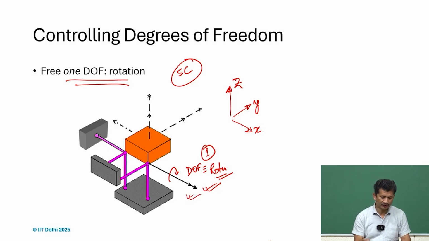So, 5 constraints, what are those? 3 translations we have to constrain and 2 rotations along the y and z axes.